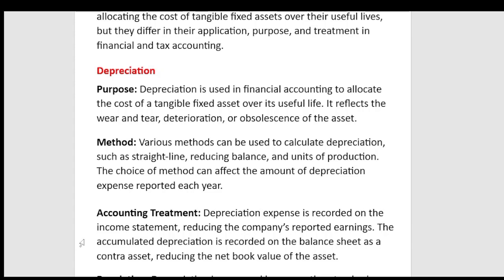Accounting treatment: depreciation expense is recorded on the income statement, reducing the company's reported earnings. The accumulated depreciation is recorded on the balance sheet as a contra asset, reducing the net book value of the asset. You might not understand this English, but I have explained it in layman's language.